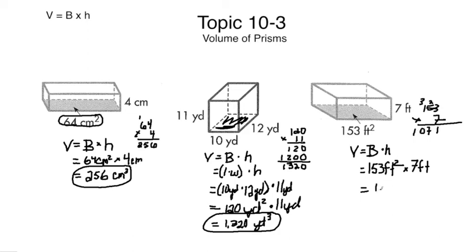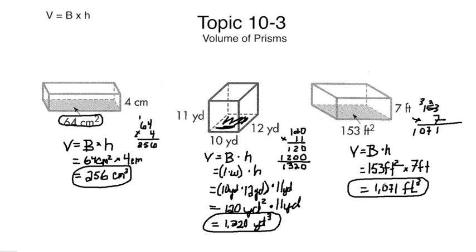So that's 1,071. And a foot squared times a foot is feet. Oops, I was ready to spell it out. Feet cubed, or cubic feet. So 1,071 feet cubed. That is the volume for this particular rectangular prism. Did you get that one?